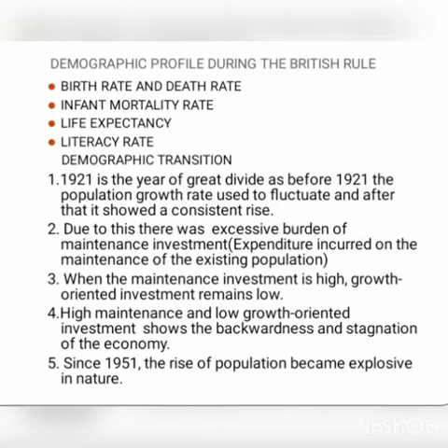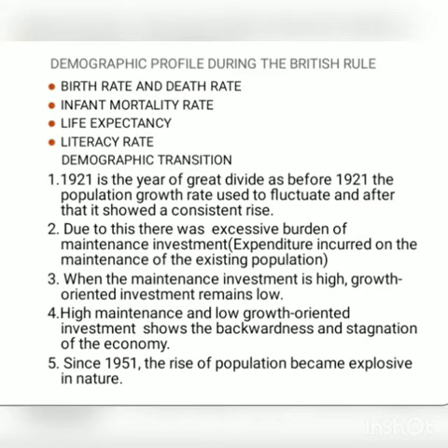And the next one is the infant mortality rate. It means the death rate of children below the age of 1 year per 1,000 live births. If 1,000 babies are born, then within 1 year, so many children will die. That is the infant mortality rate.